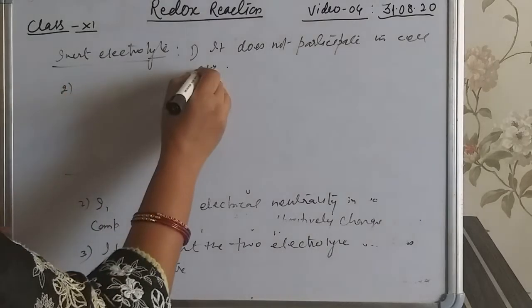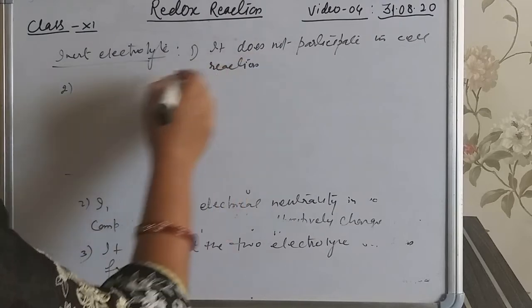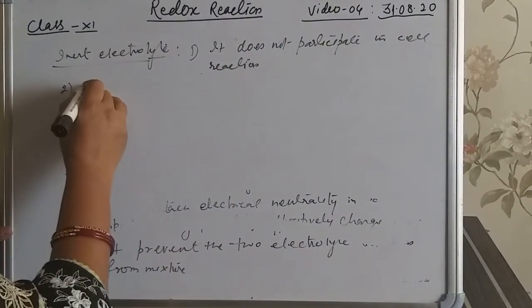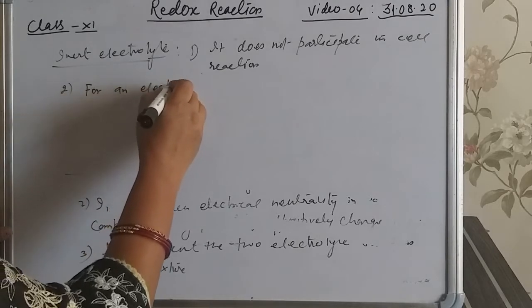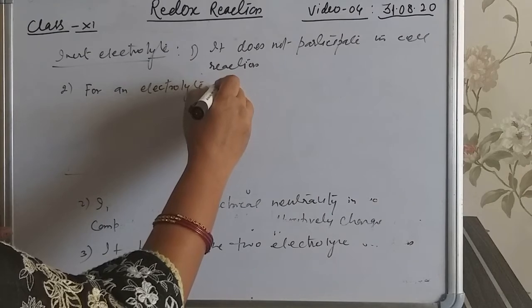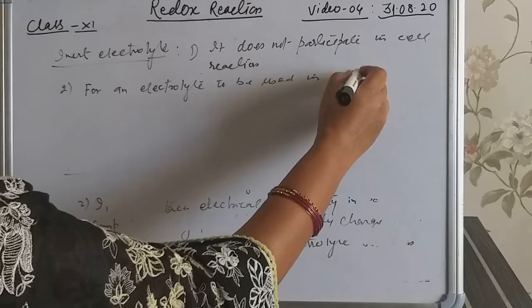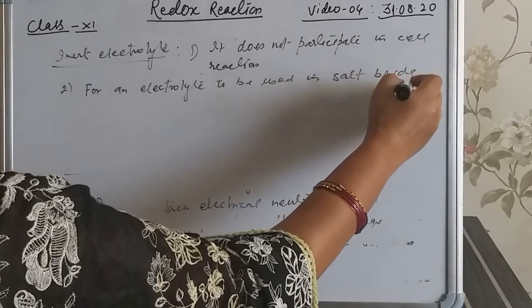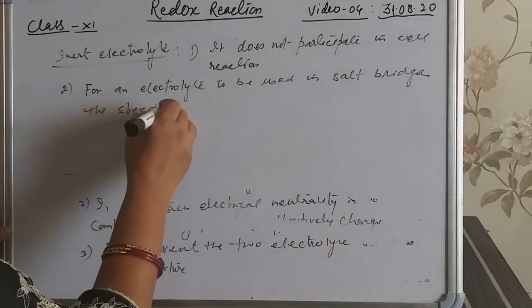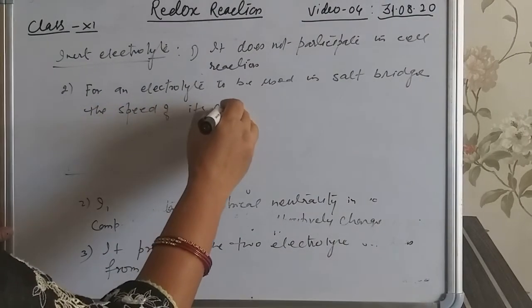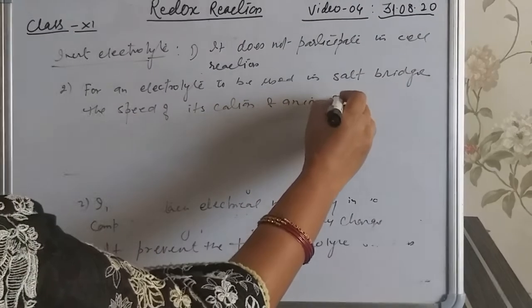Next, for an electrolyte to be used in a salt bridge, the speed of its cation and anion should be the same.